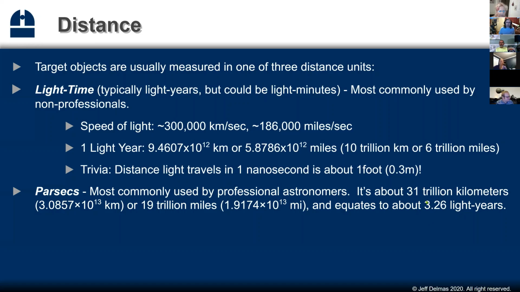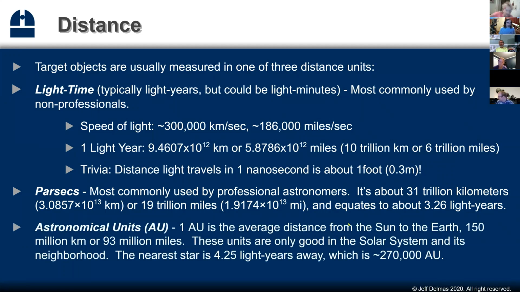And that's how I always remember the relationship, 3¼ light years, or roughly, let's see, if I go 3 times that, I'll get 10. So 10 light years is roughly 3 parsecs. Is another way to remember it.